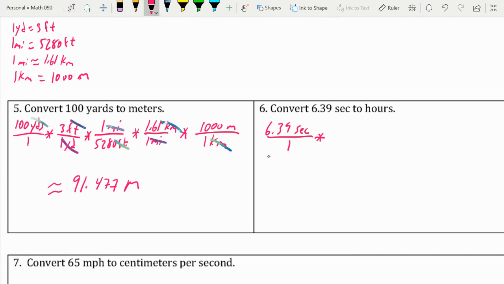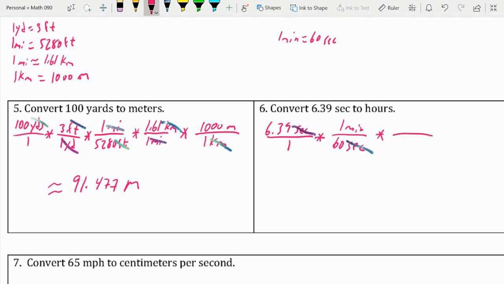So we said 1 minute is equal to 60 seconds. All right, so 60 seconds is going to go on the bottom so that this and that cancel, 1 minute up on top. I don't want the answer in minutes, I want the answer in hours.